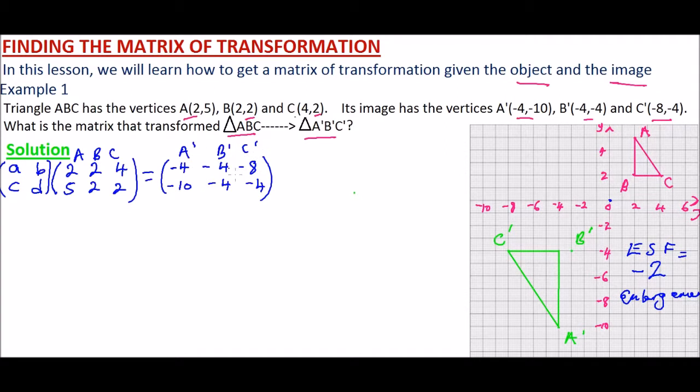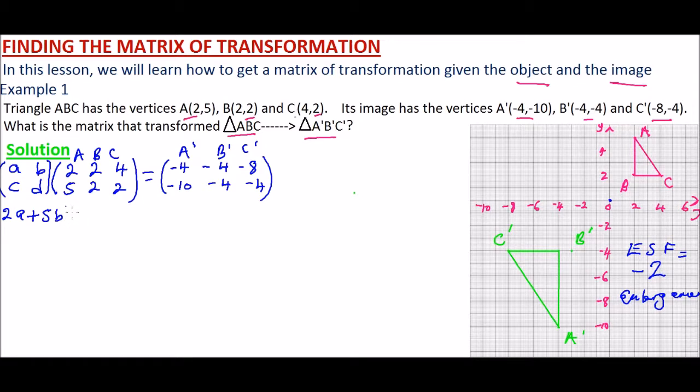So if we are able to get A, B, C, and D, then we have obtained the matrix of transformation. We multiply this just the way we multiply matrices. So we say A times 2, that is 2A, plus B times 5, that will give us 5B.